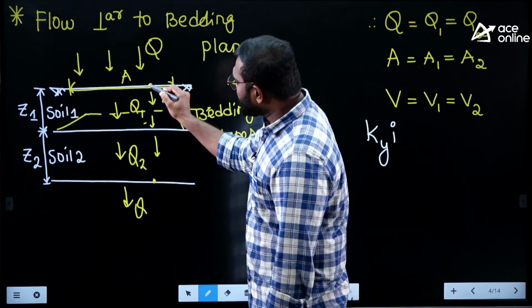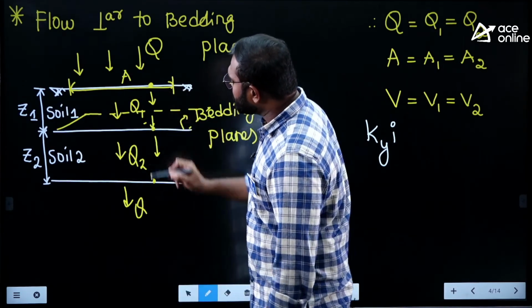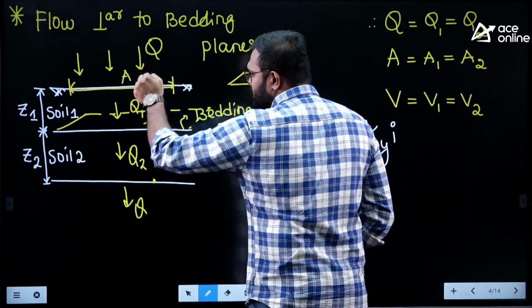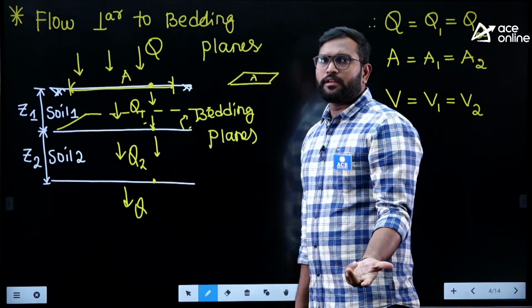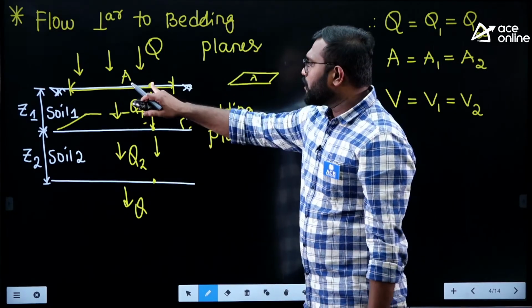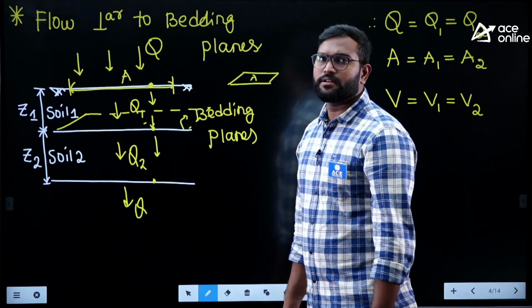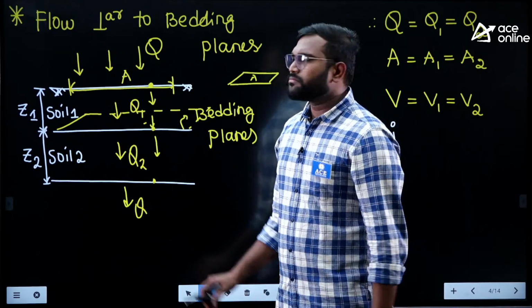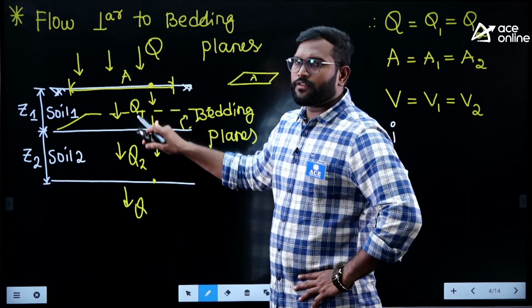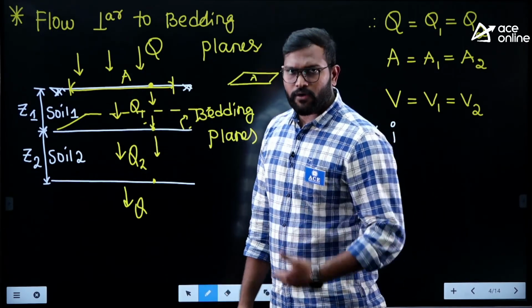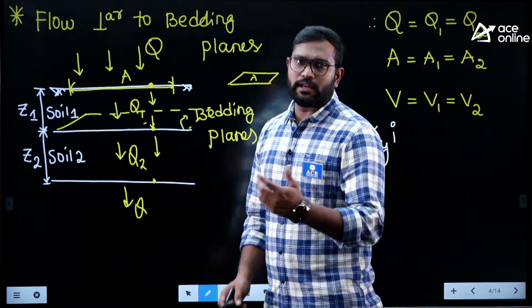And when it travels from 1 to 2, when the water has travelled the entire distance of Z1, definitely the water loses its energy. Let's say you start and walk for some distance, obviously your energy will be lost, and if you walk further, you will lose much more energy.